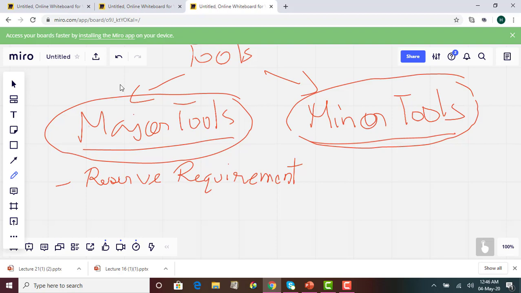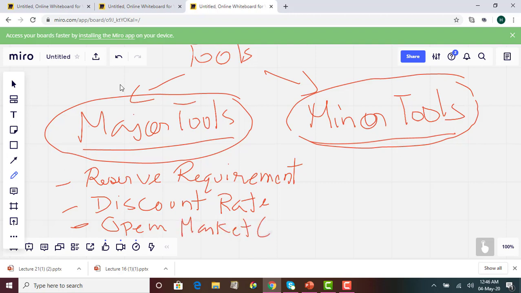That's the reserve requirement, one of the major tools under monetary policy to control the money supply. The second one is called the discount rate, and the third one is open market operations. So these are the three major tools we need to know: reserve requirement, discount rate, and open market operations.